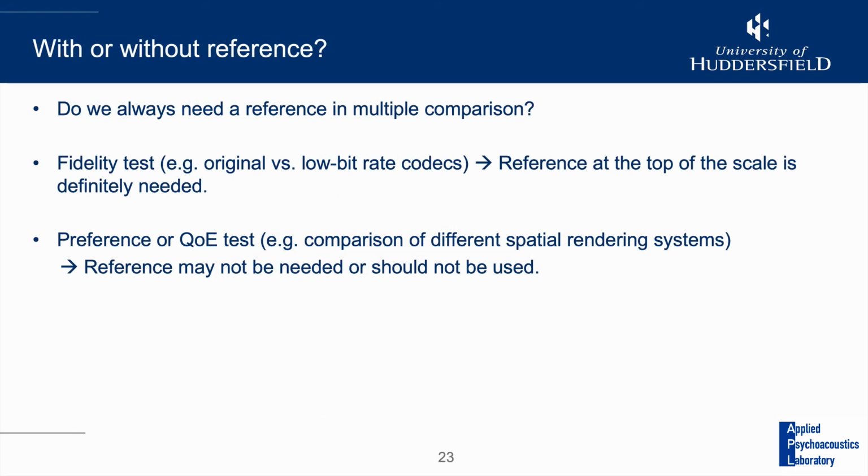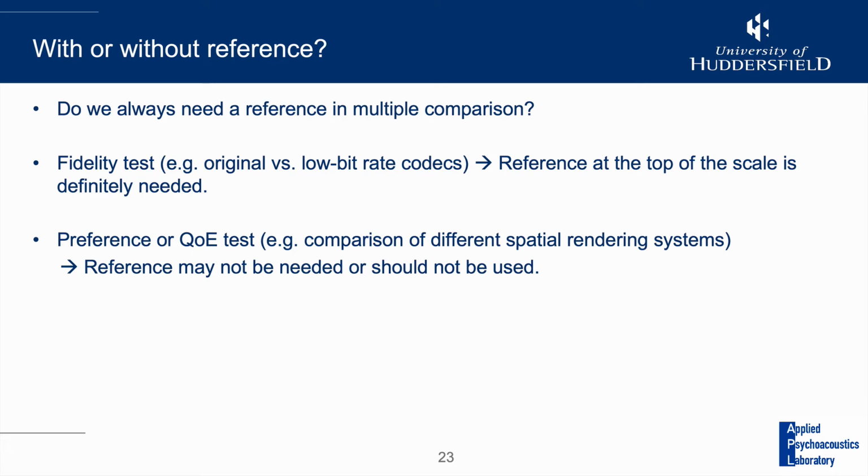So MUSHRA always uses a reference on the top of the scale at 100 point. But do we always need a reference in multiple comparison test? The answer is it depends on what kind of test it is. So if it is a fidelity test where the goal is to see how similar a degraded or impaired system is to its original version, like an MPEG audio codec test, low bit rate audio codec test, we always have this definite reference, which is a PCM wave version.